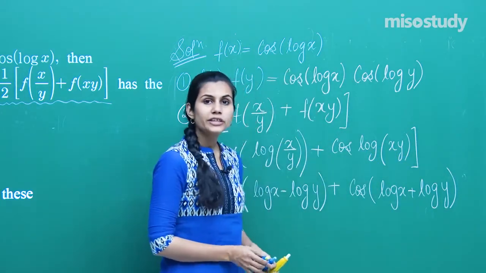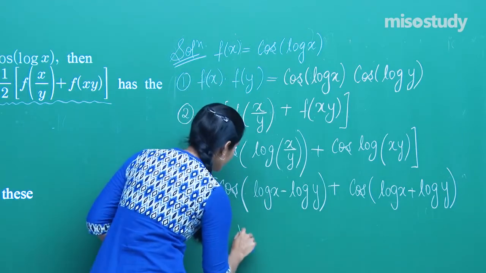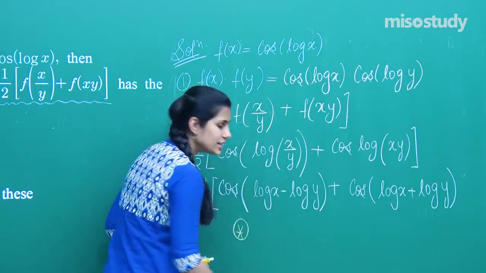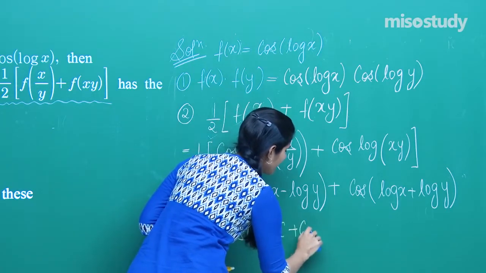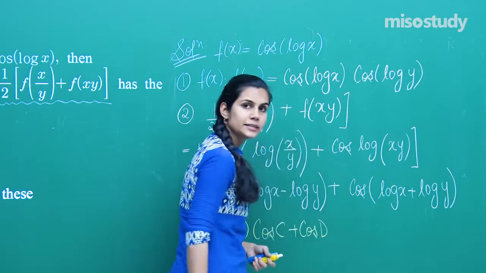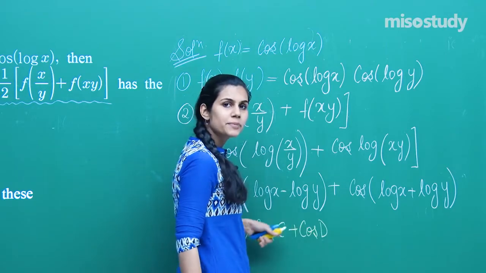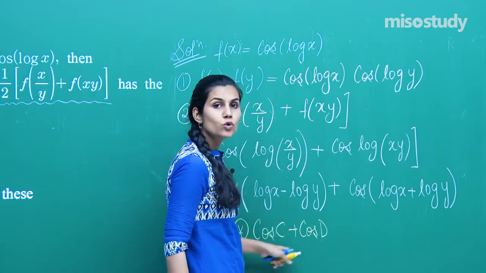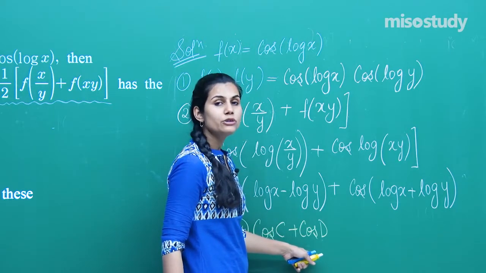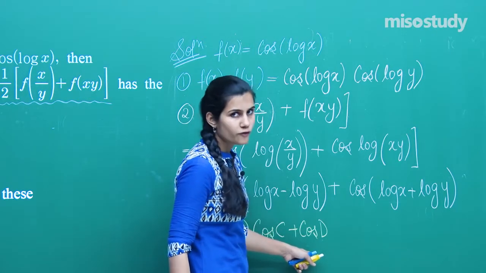Now what I am going to use is a very nice identity, which is cos c plus cos d. Whenever you have something like cos c plus cos d, that means a sum of two cosine functions, how can you change it into a product of cosines?